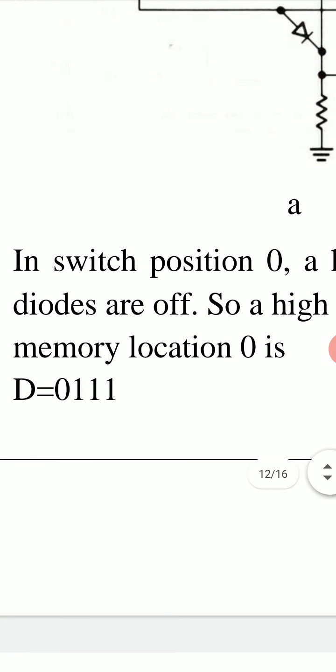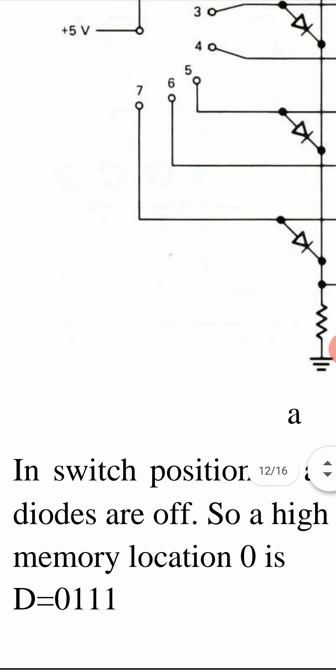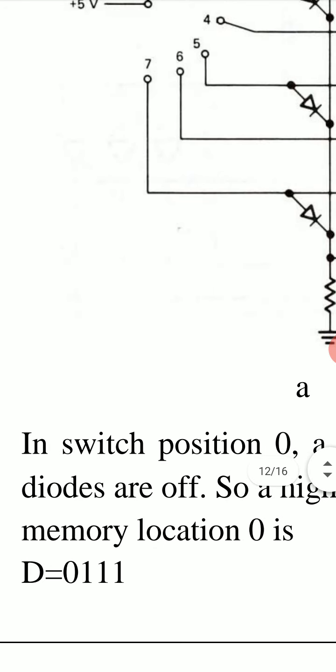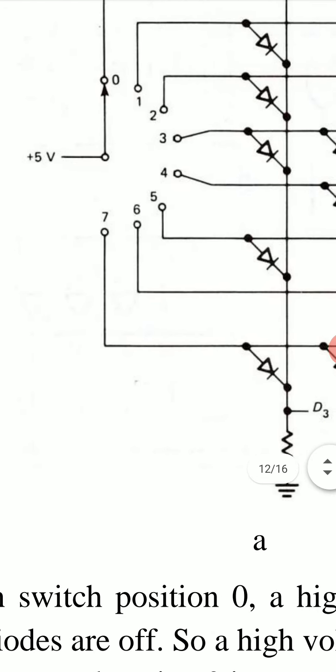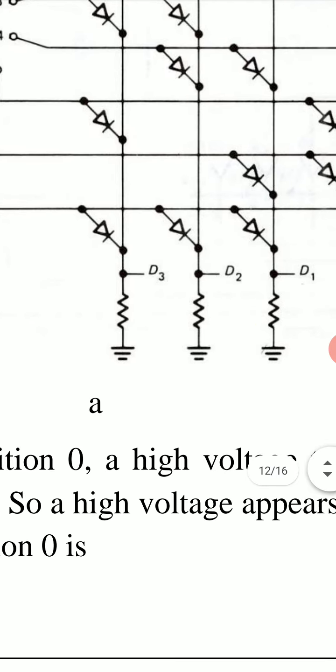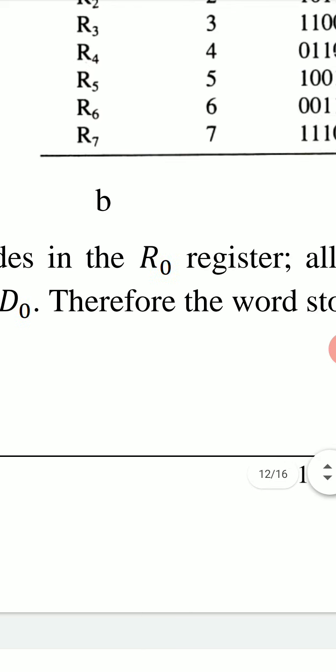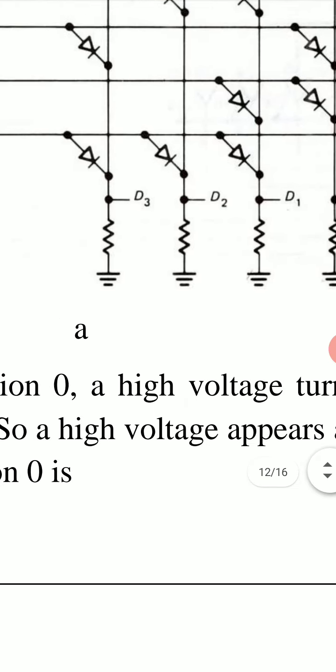In switch position 0, in this figure, this switch is connected between plus 5 volt and the terminal 0. In switch position 0, a high voltage turns on the diodes in the R0 register.